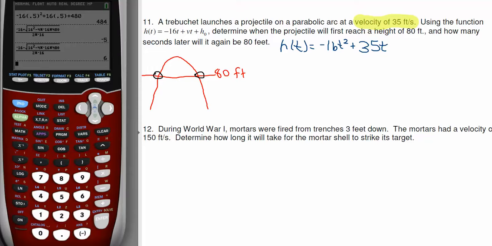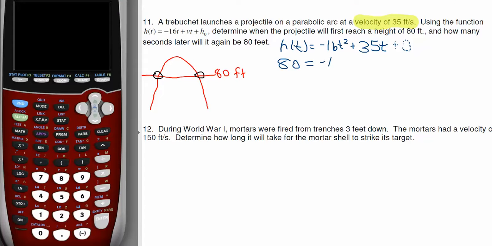We're just going to assume it's on the ground. So that would be an initial height of 0. So if you need to do plus 0 here, you can. I'll kind of do that phantom 0 just so people can see that there is a 0 there, but it's not really there. And then what we're trying to find is that it is at 80 feet. So 80 is going to equal all of this.